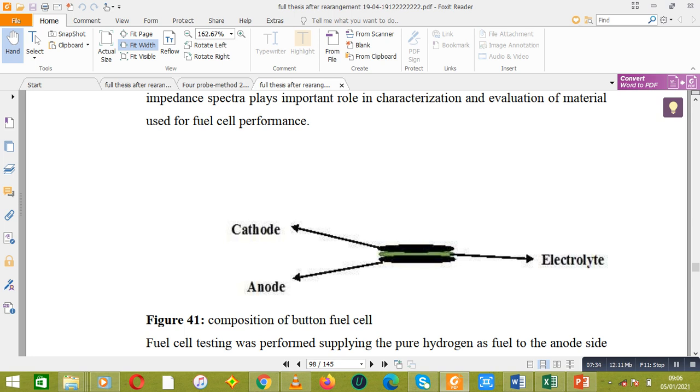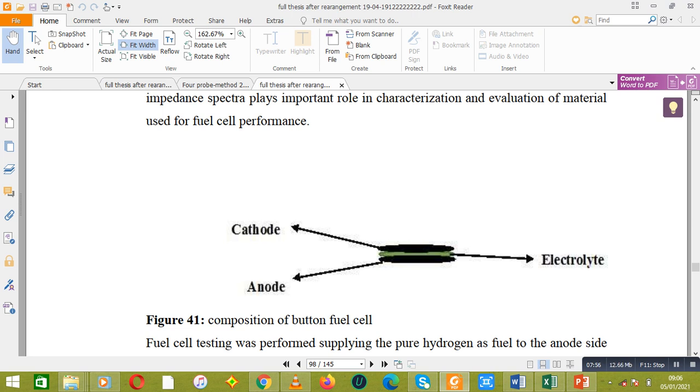Such a pellet is formed in a button-like shape. This is the whole configuration of a solid oxide fuel cell, which has all three components in it.